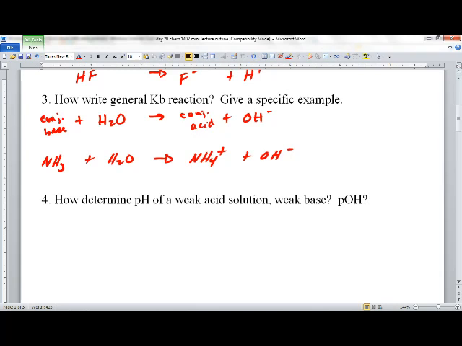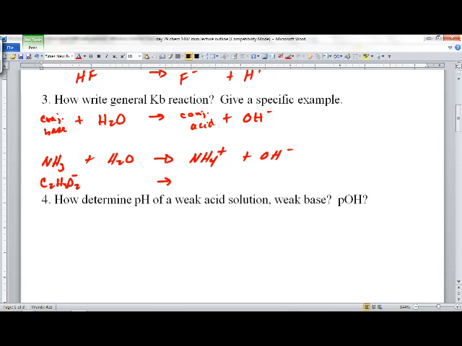All right, so I want a Kb reaction, but using the conjugate base from that Ka table. If he's looking at acetic acid, that's HC2H3O2, what's the conjugate base? There you go.